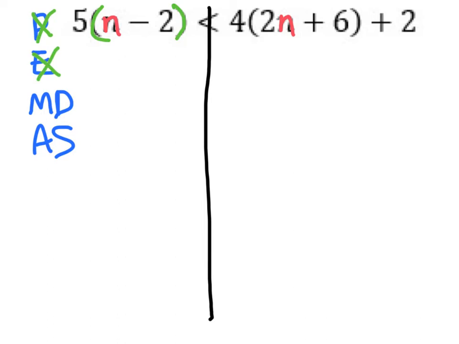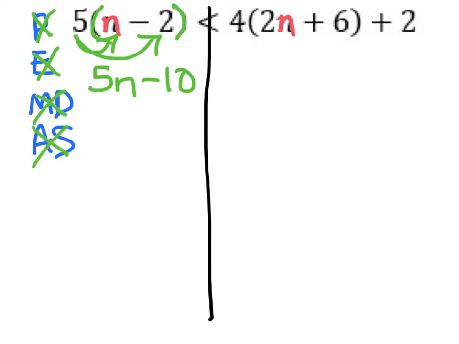It's 5 times the parentheses, so let's go ahead and take care of that. 5 times n is 5n. 5 times negative 2 is going to give us negative 10. Then I have add and subtract, and I cannot do that on this side. So we'll look at the other expression.